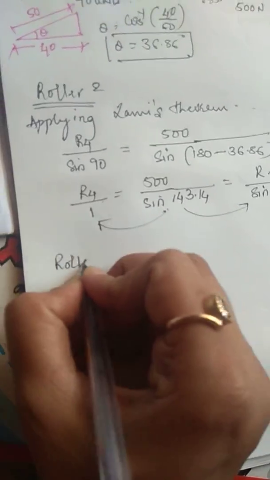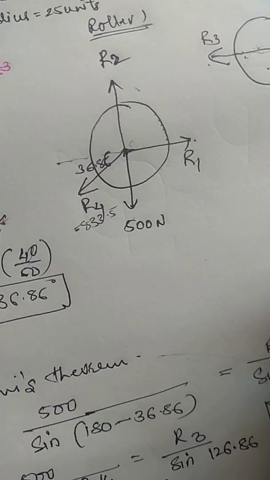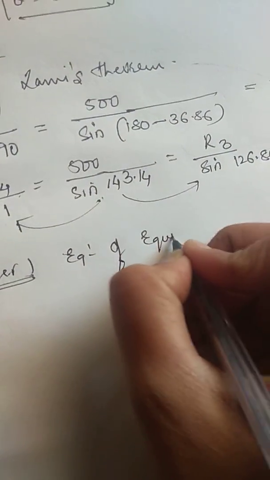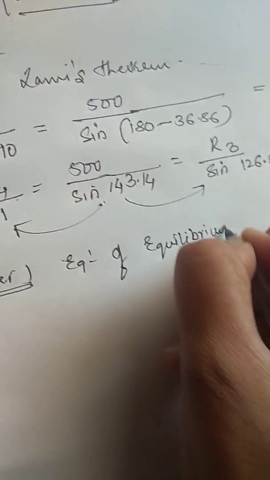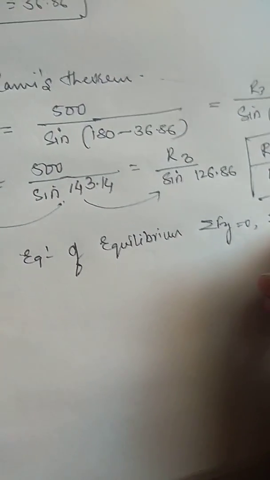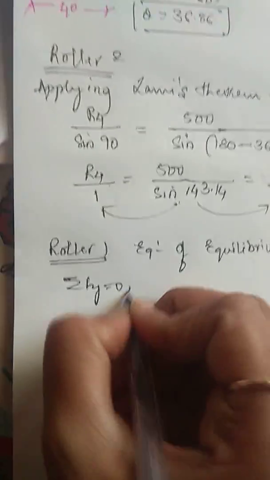Now we will go to roller 1. So roller 1, as there are 4 forces, I cannot apply Lami's theorem, and I have to go with the equations of equilibrium, that is summation F of y equal to 0 and summation F of x equal to 0. We have to apply these two. So I will first write summation F of y equal to 0.